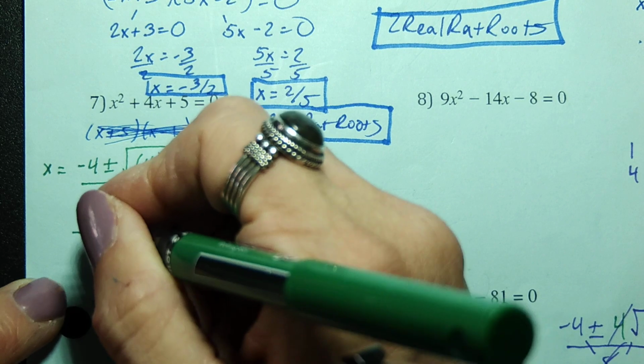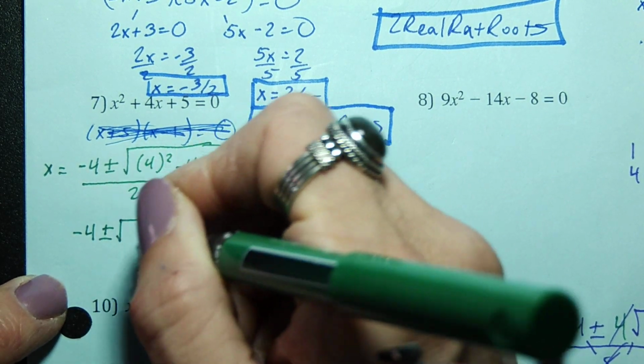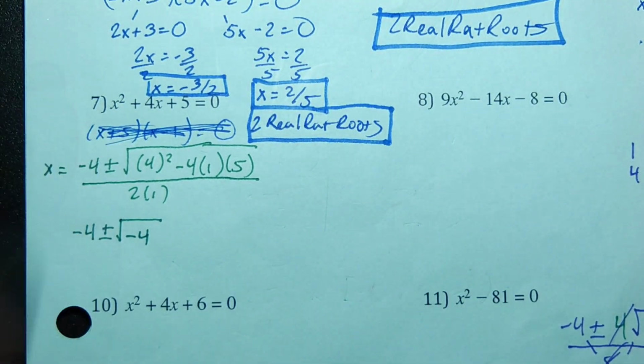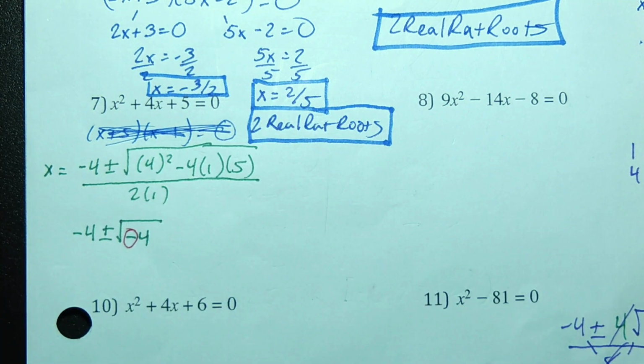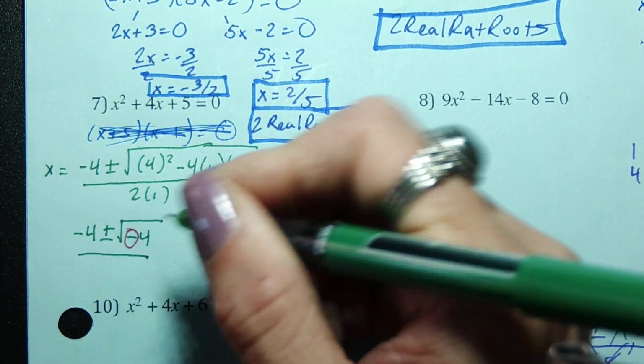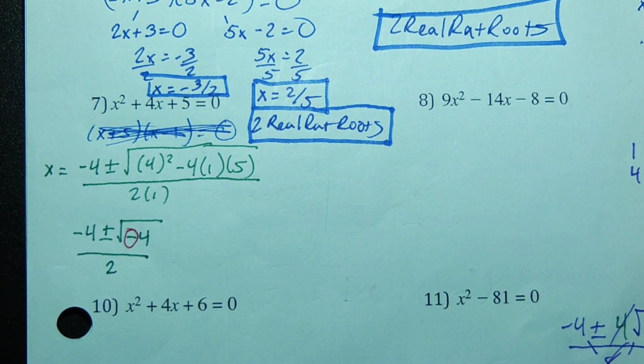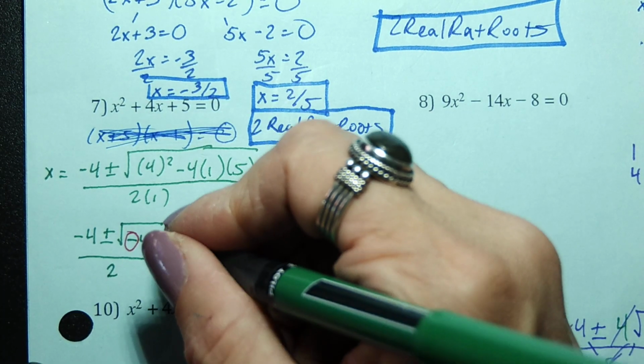And folks, that is a good indicator that I've done it correctly because we said, based on the graph, this should have imaginary solutions. And how I get those imaginary solutions is by getting a negative under the square root. So from here, we simplify the square root next.